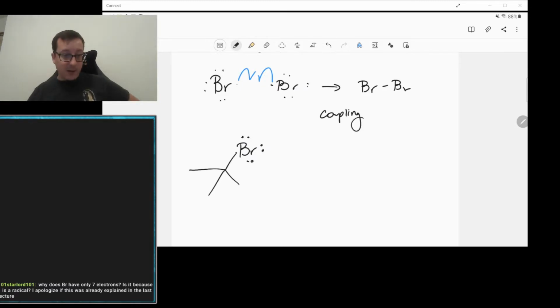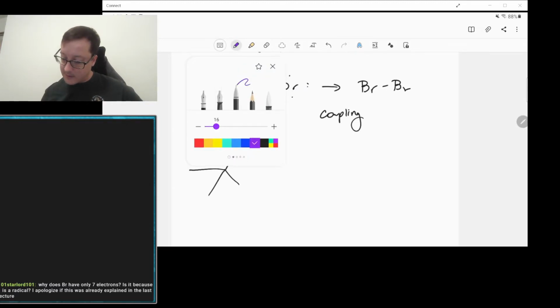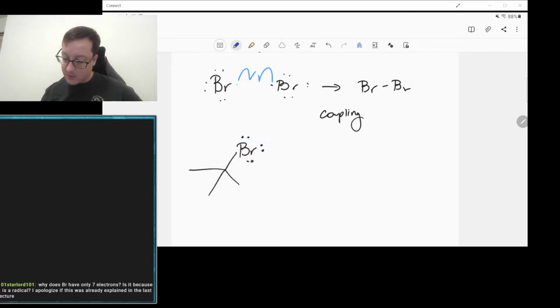The bromine has three lone pairs, right? And its octet is satisfied by the fact that there is a bond to carbon. When we split this homolytically, we can say, this is two electrons, right?